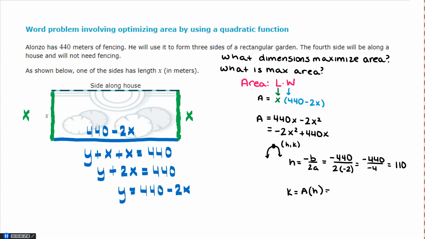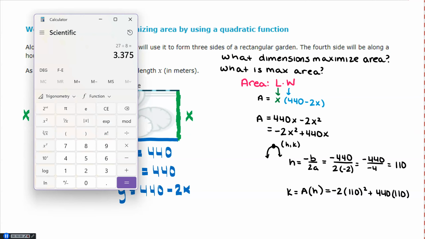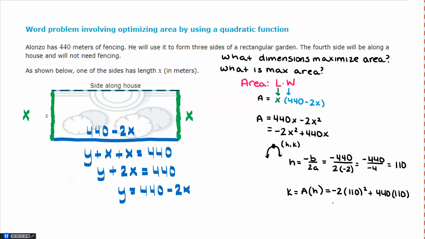Then I have to plug in 110. So let's do it the right way: negative 2 times 110 squared plus 440 times 110. So now I'm going to put those in my calculator, and the numbers will be relatively big. So 110 squared times negative 2 is negative 24,200.